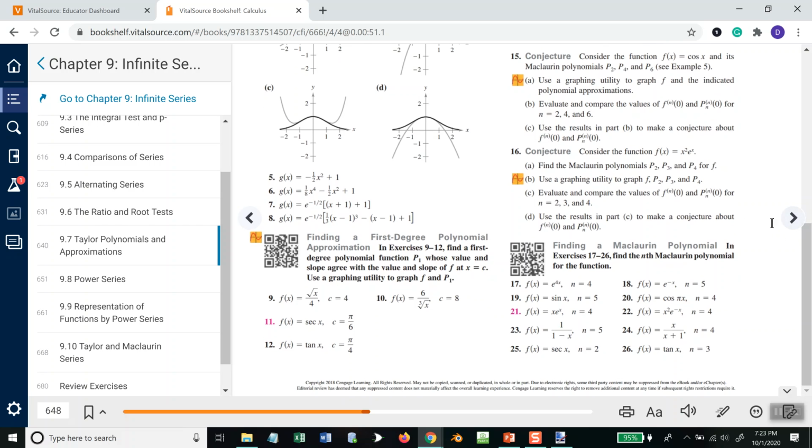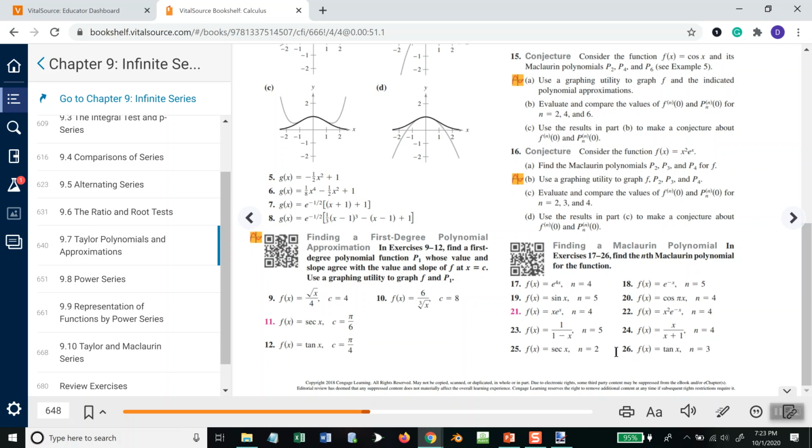Would this be on the test? Not a hard one. I'm going to show number 21 because that's the product rule, and that'd be doing the product rule 4 times. This would be 1 minus x to the negative 1 power, and if I took the derivative over and over, that'd be easy. The secant is the only one I wasn't sure about because the derivative of secant is secant tangent, right? Which then becomes a product rule.